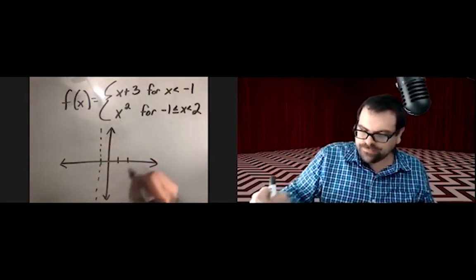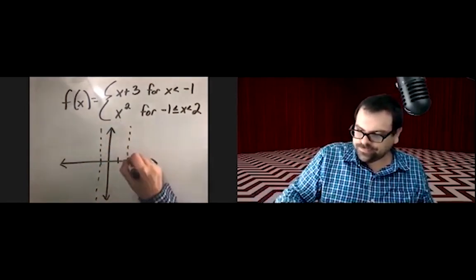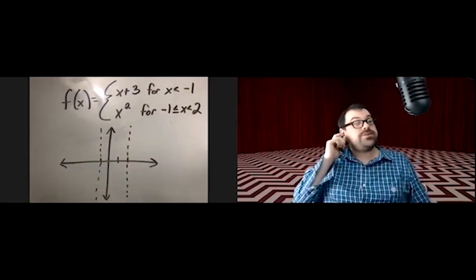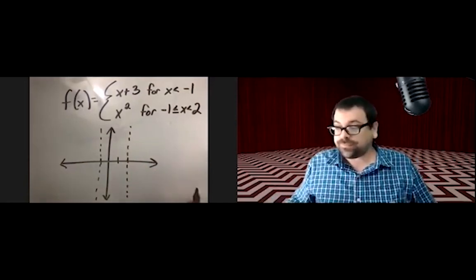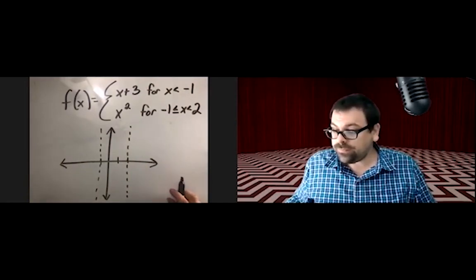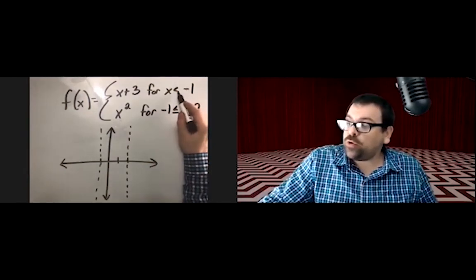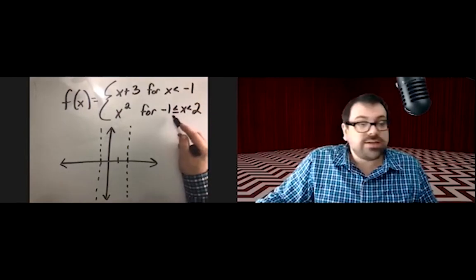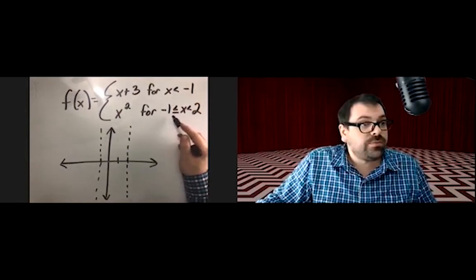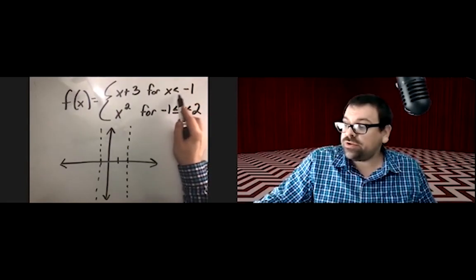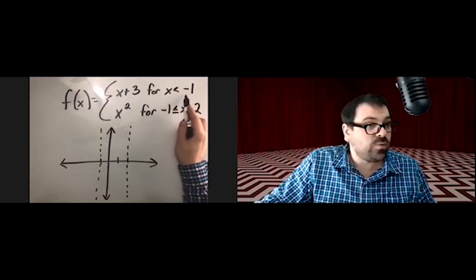At -1, we're going to have an open circle and a closed circle because we have just a straight less than -1.